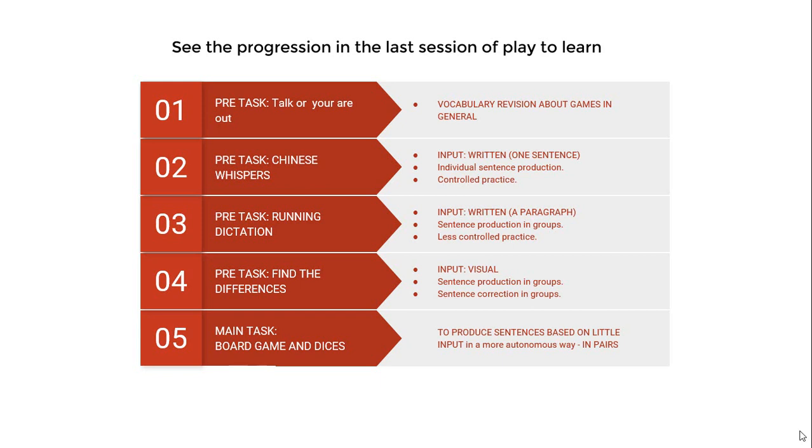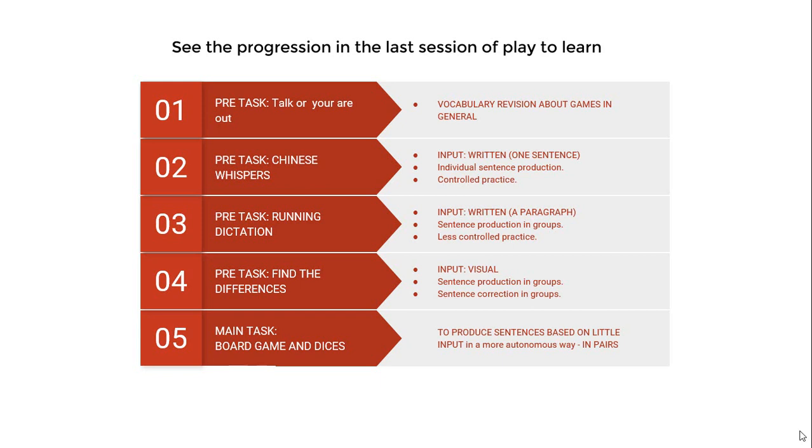Now the input is a little bit more complex because it's a paragraph and the sentence production keeps on being in groups. However, there is a less controlled practice because students are going to read one of the sentences from the paragraph, they're going to come to their groups, and maybe the group, if they feel that the sentence is not that good, they're going to make some tweaks to it. So there is a little bit more of production.